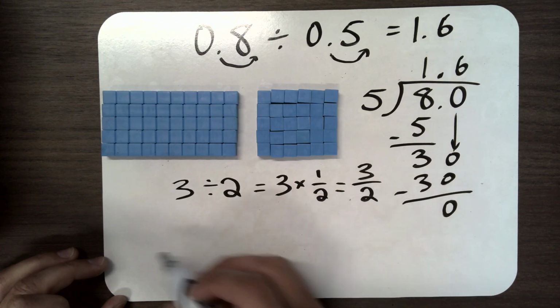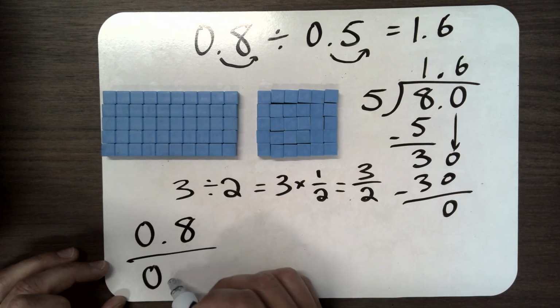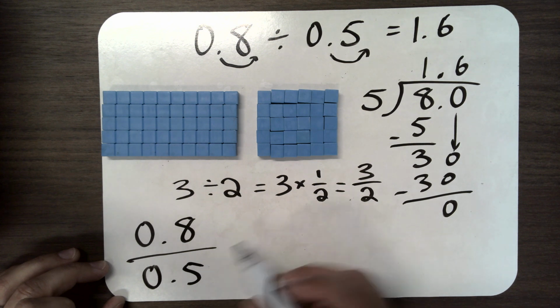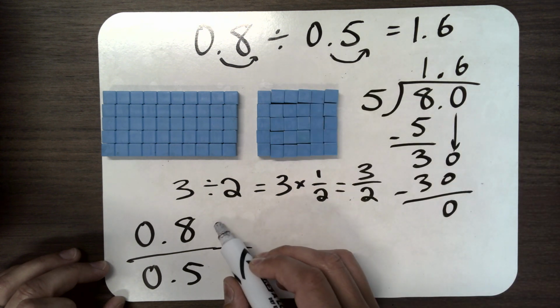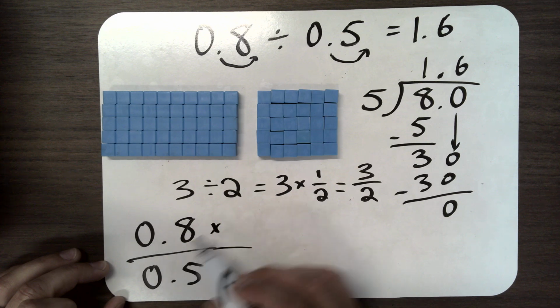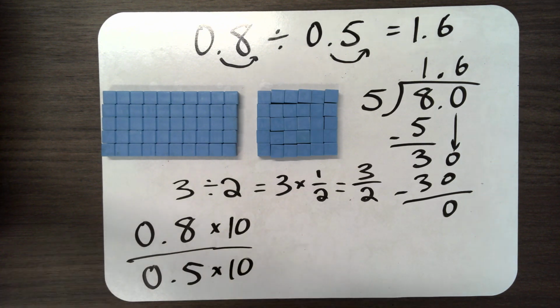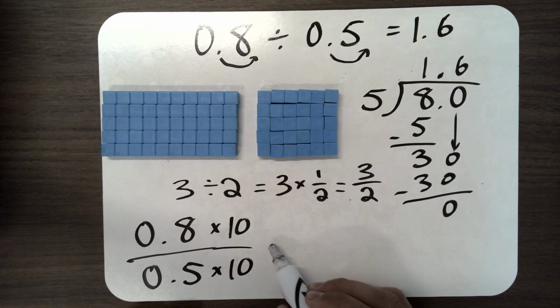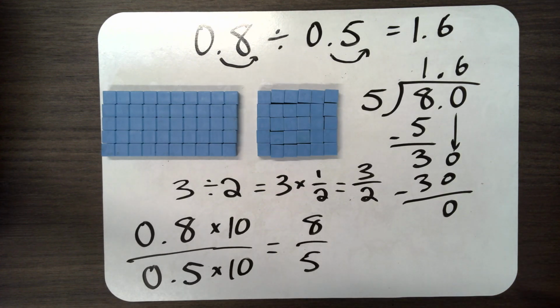So we can think of this in terms of a fraction, 8/10 divided by 5/10. So all we did in our algorithm here was we found an equivalent fraction to this initial one. When we moved this decimal point to the right, we multiplied the numerator and denominator by 10. Okay, so this creates the fraction of 8/5.